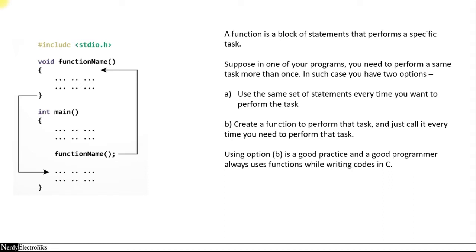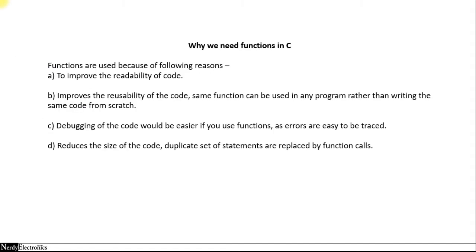So we write the exact same statements every time we want to read the temperature sensor. Or we group the statements together, we give it a name, we create a function to perform the task, and every time we need to read the temperature, we just call that function. The option B, to create a function, is a very good practice while writing codes.